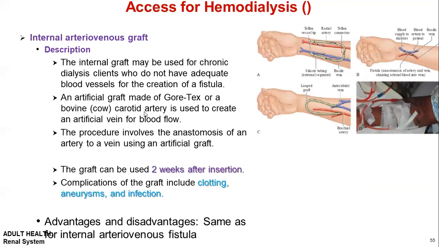The procedure involves the anastomosis of an artery and vein. Anastomosis means direct communication between artery and vein. This graft can be used 2 weeks after insertion, and complications of the graft include clot, aneurysm, and infection.